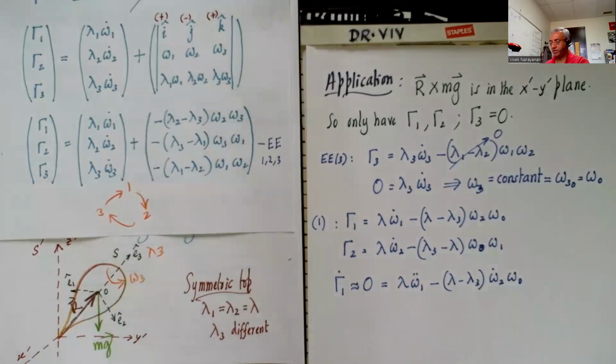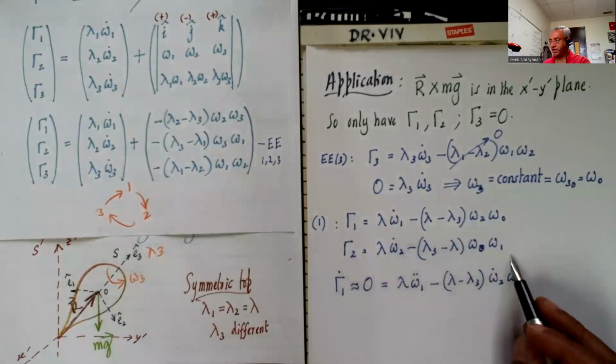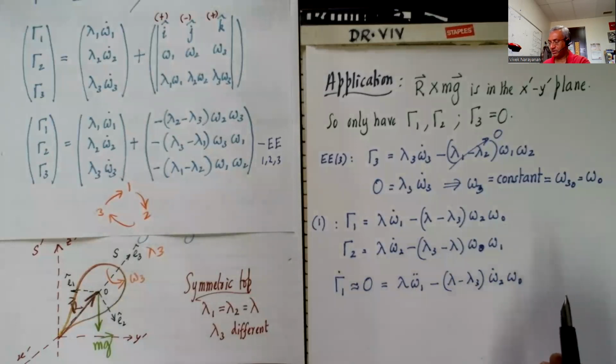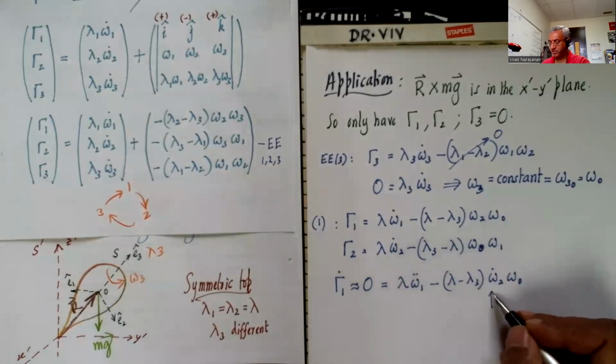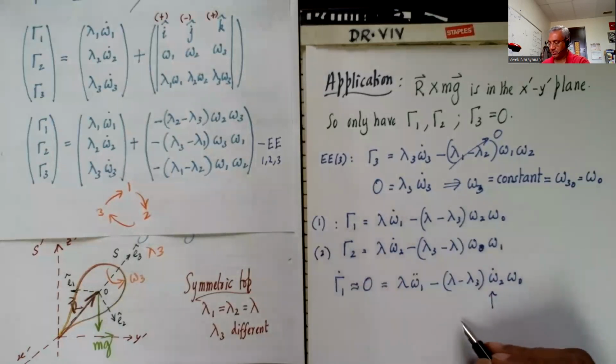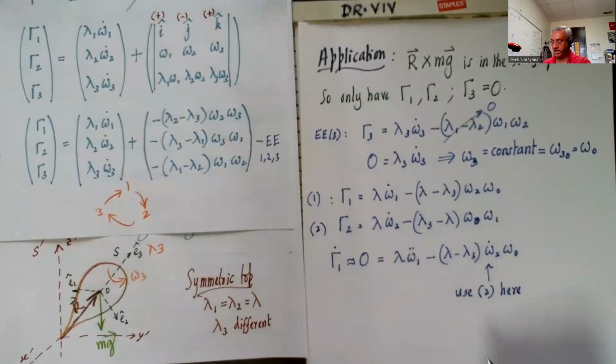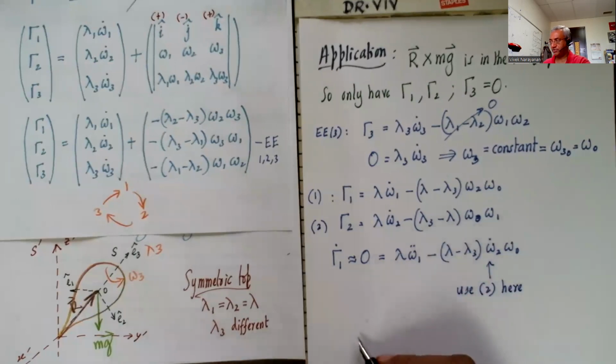So now I'm going to use equation 2. Let me write equation 2 next. Equation 2 is right there. So I'm going to substitute for omega 2 dot using equation 2. Let me write down omega 2 dot from equation 2 first.